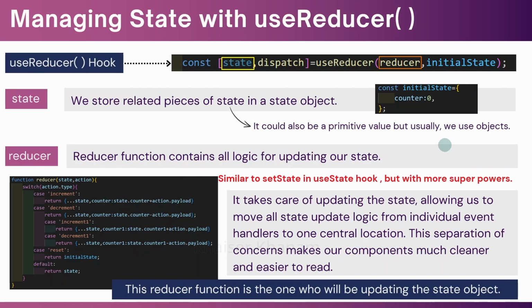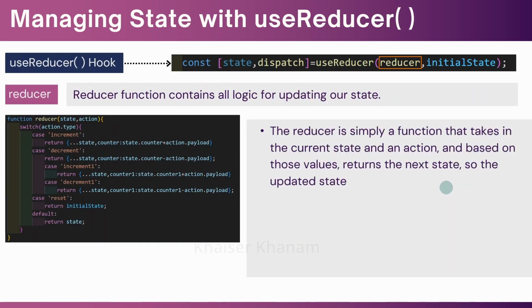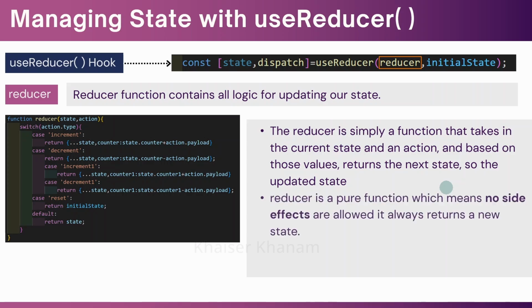When we are using useReducer, inside this reducer function we pass all the updating logic of a state object. This reducer is nothing but a function which takes the current state and action as its parameters, and based on those values, it returns the next state. We can also call it the updated state. This reducer is a pure function, which means no side effects are allowed inside the function.